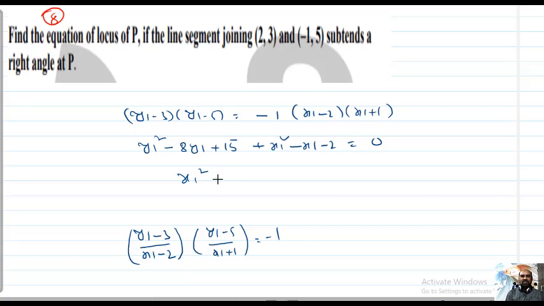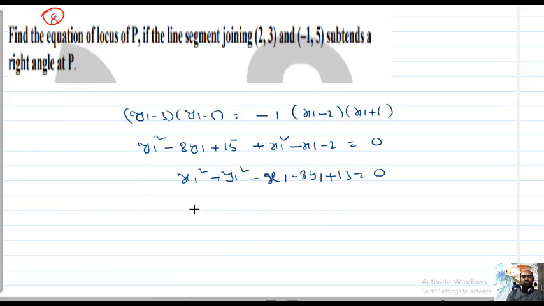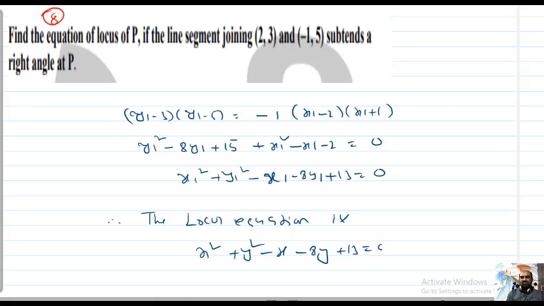So x1 square plus y1 square minus x1 minus 8y1 plus 13 equal to 0. Now I want to write it as a conclusion. Therefore the locus equation is x square plus y square minus x minus 8y plus 13 equal to 0.